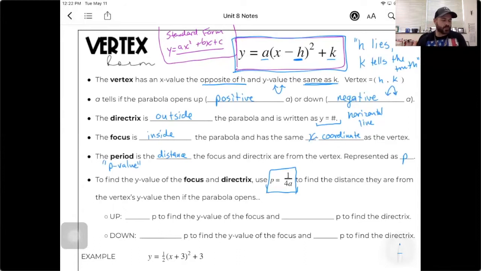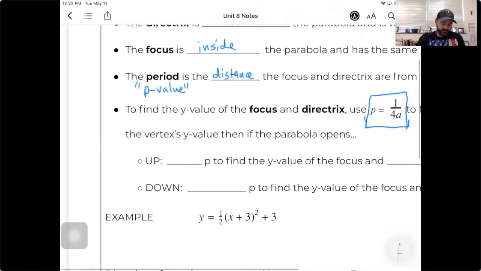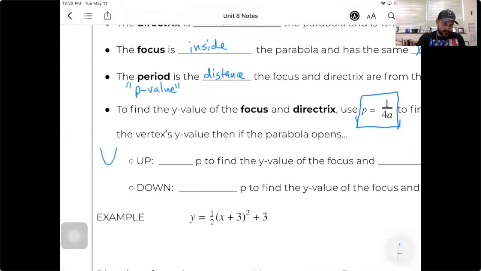So here's some rules you can follow. If the parabola opens up, meaning it looks like this, I want to put some things in here, so follow along with me. The focus is going to be inside the parabola, and the directrix is going to be outside the parabola like that.